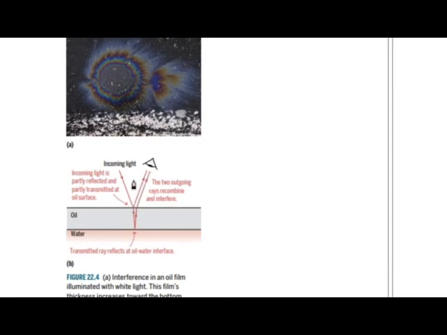So you'll have a phase locking between the two reflected waves. That's coherent light. And where the waves are in phase, you'll have constructive interference. When they're out of phase, you'll have destructive interference.